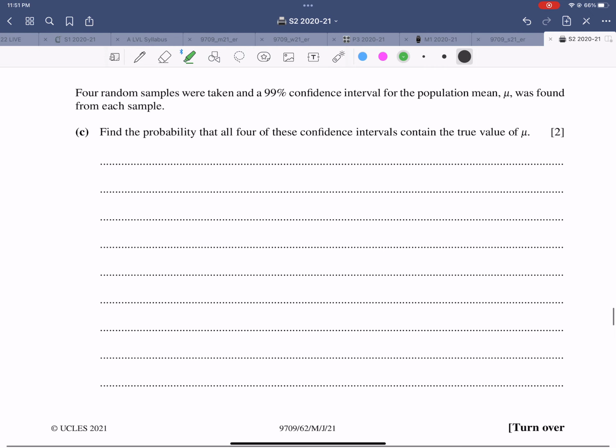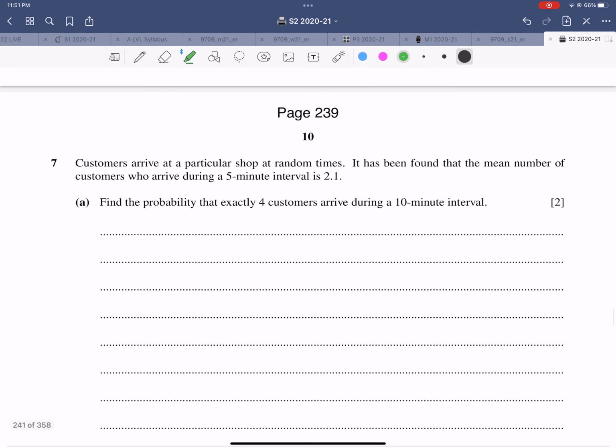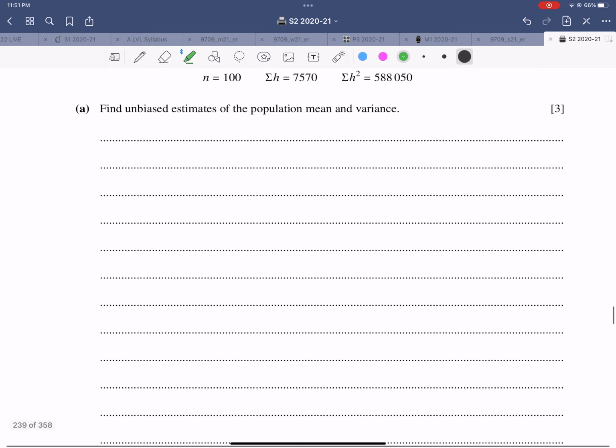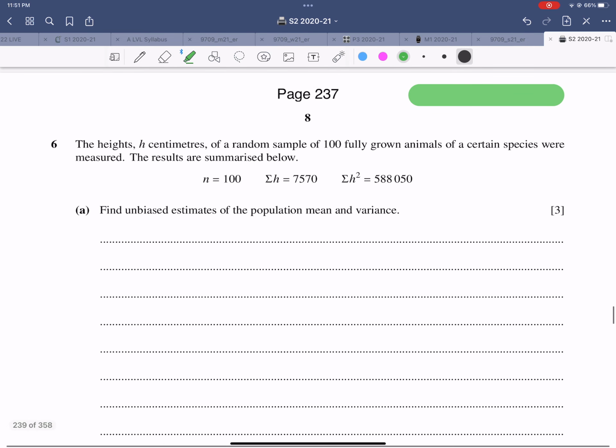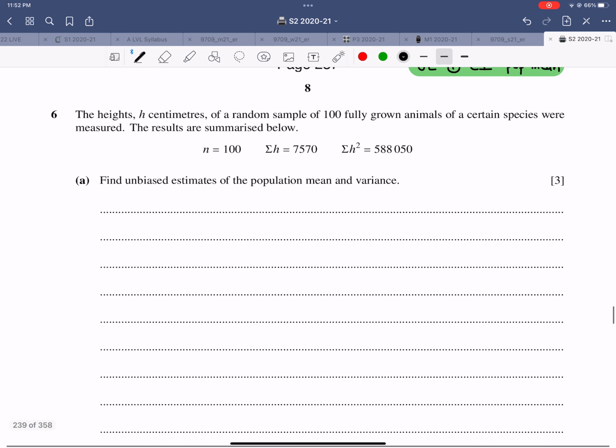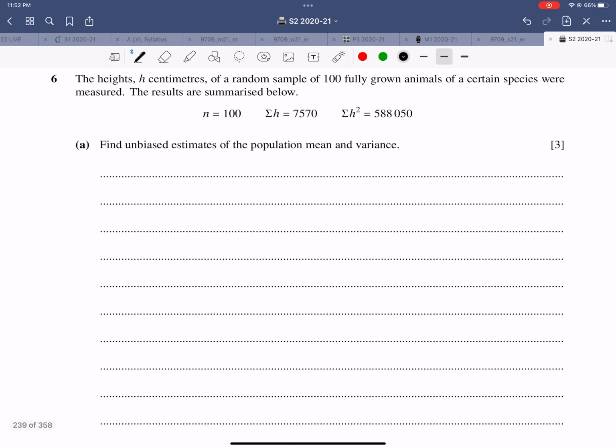Now, first of all, this is a question about unbiased estimates, and it's a question about confidence interval for population mean. First of all, all this data is from a sample. So H bar is sigma H over N. That is 7570 over 100.